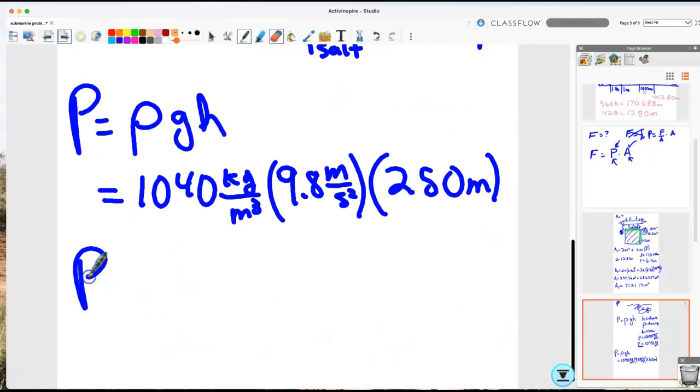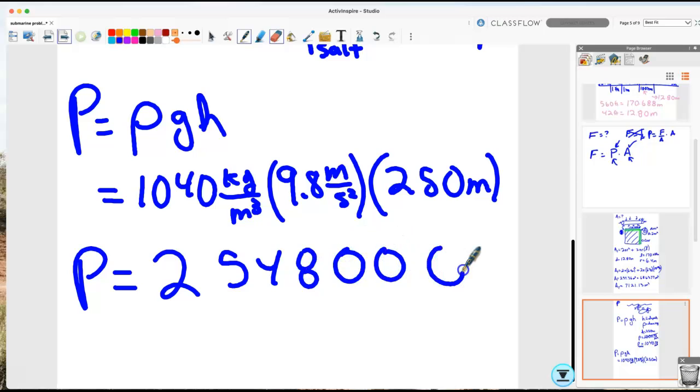So that says that our pressure, we just now multiply those together, right? 1,040 times 9.8 times 250. Multiply them together. We get 254,800.